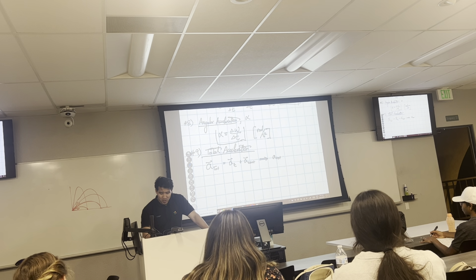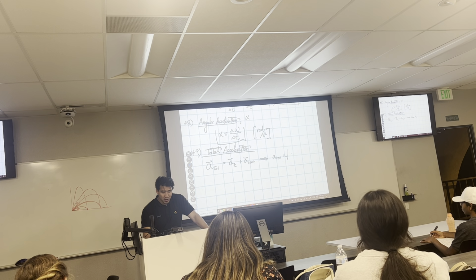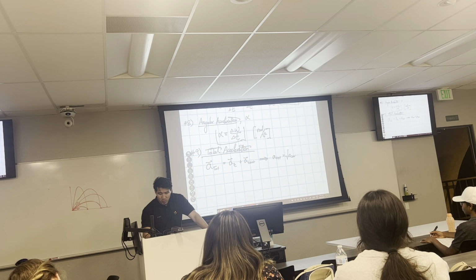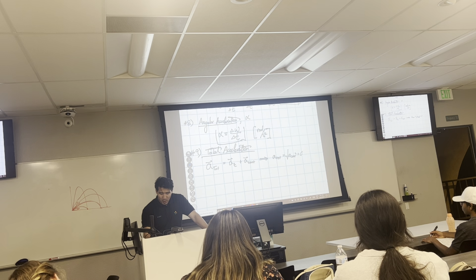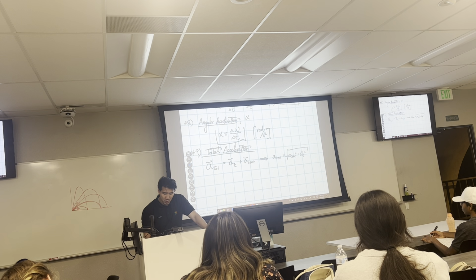And so the magnitude, using the Pythagorean theorem, is a centripetal squared plus a tangential squared. There you go.